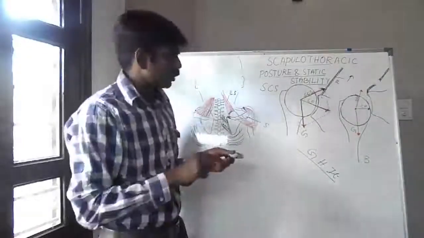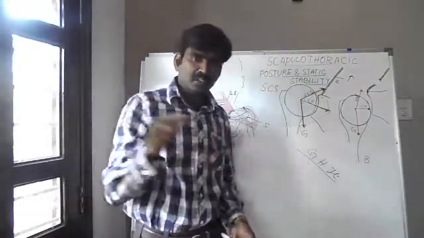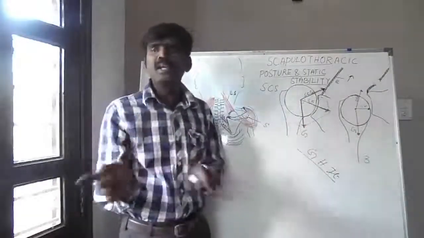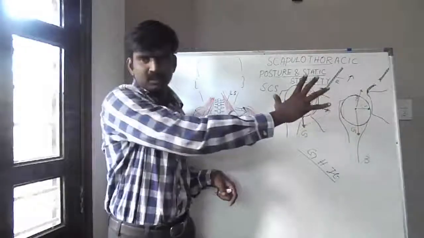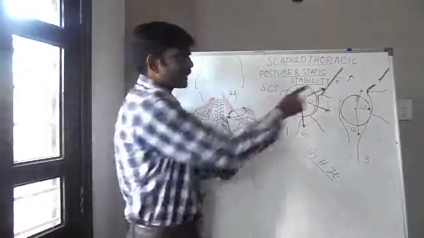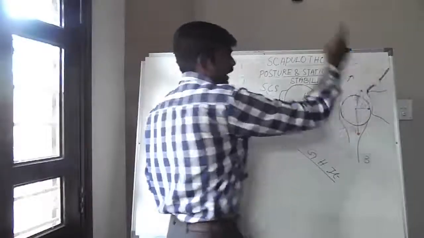So now, in the second diagram, we are seeing that the muscles are paralyzed.